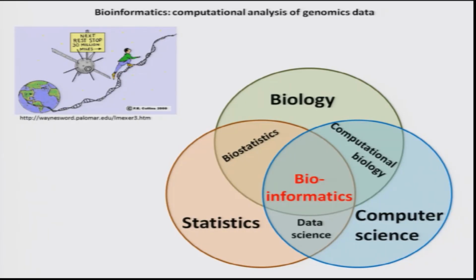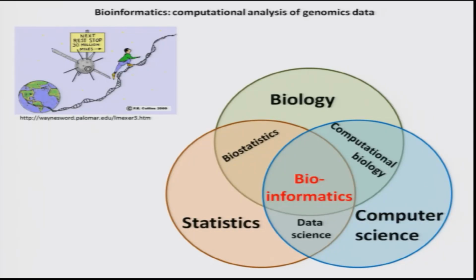Now we talk about bioinformatics as a computational analysis of genomic data. It could be DNA, it could be RNA and so on. It is a field with a specialization that falls between three major domains. One is biology, because these are biological data.